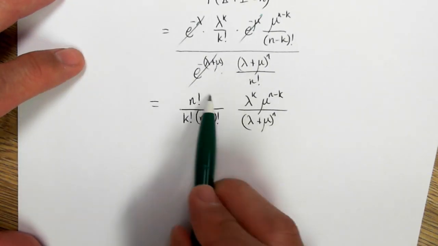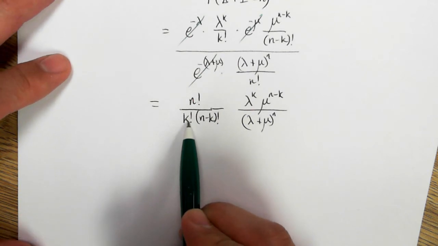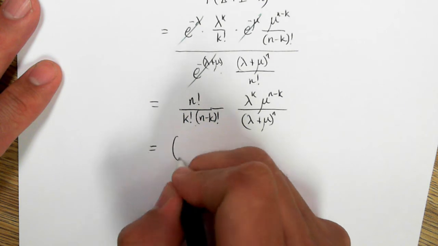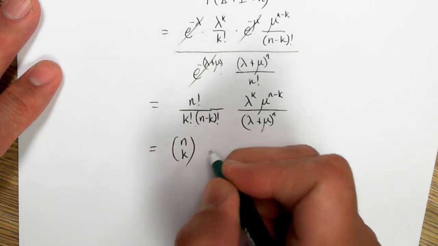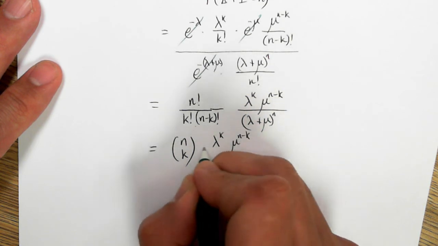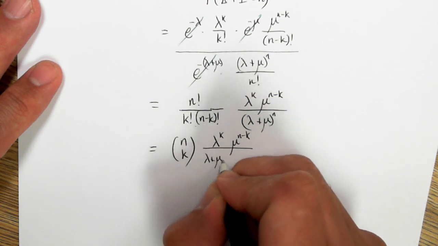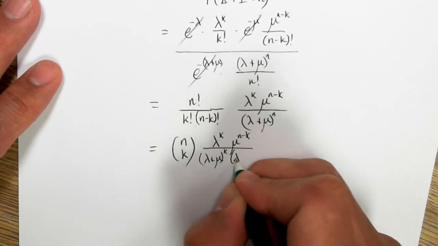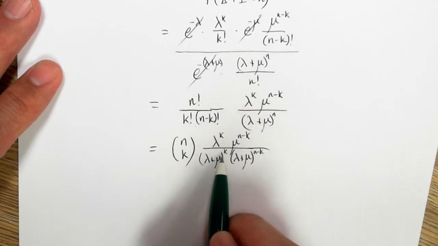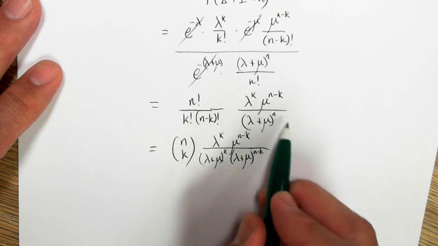Now this looks familiar. That's a binomial coefficient. So maybe this is a binomial distribution, n choose k. Let me rewrite this as lambda to the k, mu to the n minus k, over lambda plus mu to the k, lambda plus mu to the n minus k. So this is still lambda plus mu to the n if I add up the exponents.